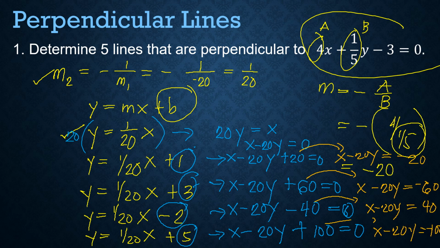Okay, so that is how we get equations of the lines perpendicular to the existing line. We are just getting first the slope of the existing line, and then we get now the slope of the second line using the slope of the first line. And from this slope, we'll now generate infinite number of lines.